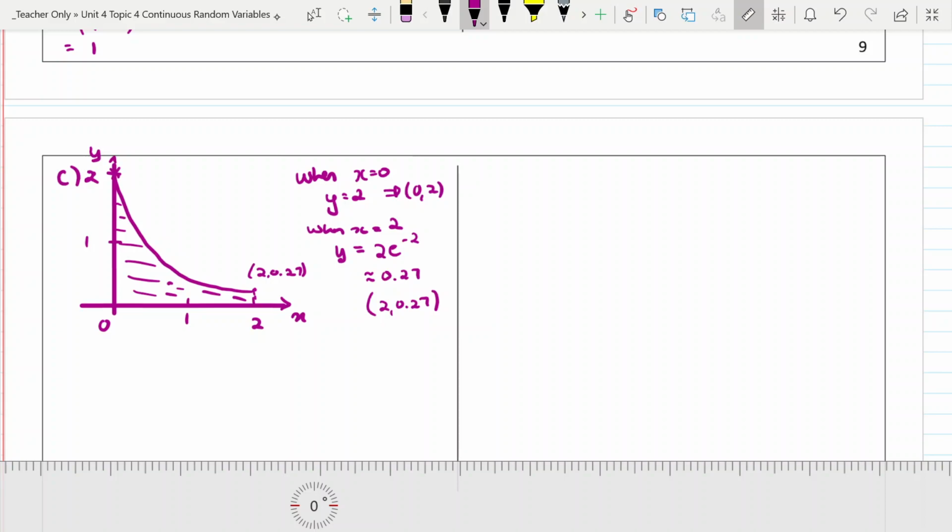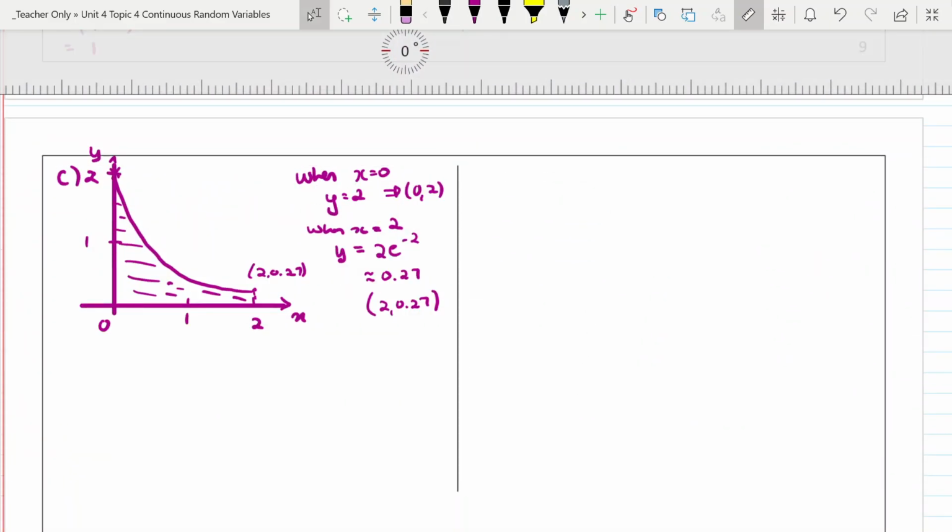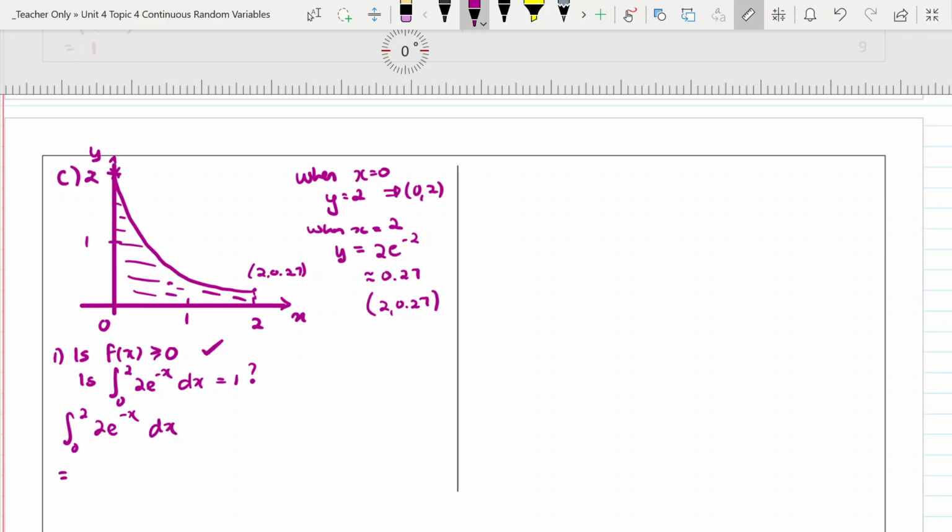Alright, now we need to decide, is this thing a probability density function? Our first question is f of x greater than or equal to 0, and we can say yes it is. It's above our x-axis. Our next question is, is the integral from 0 to 2 of 2e to the negative x dx equal to 1? Let's check. Our integral is negative 2e to the negative x from 0 to 2.